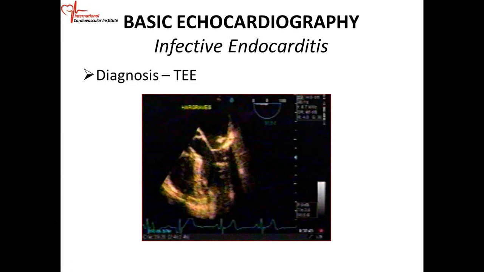She presented with an acute heart attack, but the strange thing is that she presented with infection. Her temperature was up, her white cell count was up. So we did blood cultures, we did the echo. She satisfied two major criteria.